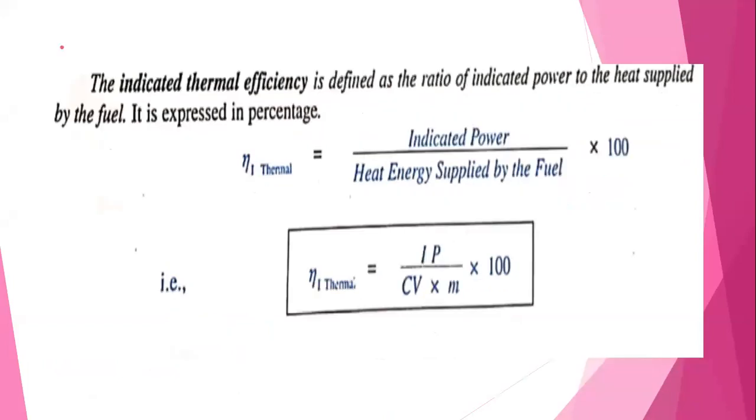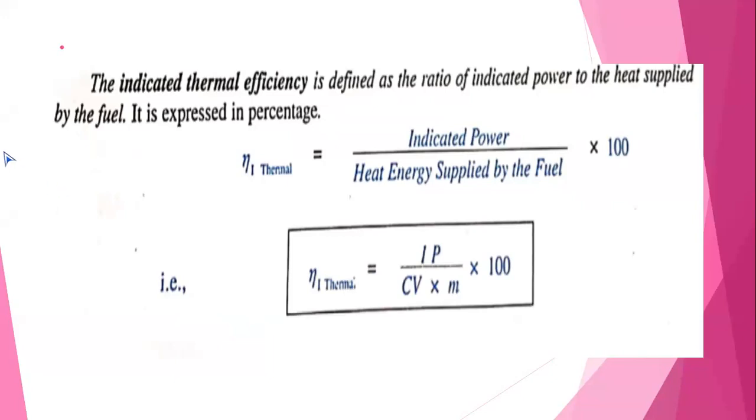Next, in almost all the problems you have to calculate the indicated thermal efficiency. Remember, the indicated thermal efficiency, that is eta I thermal, equals indicated power divided by heat energy supplied by the fuel. Say the heat energy from burning 1 unit of fuel, how much energy is supplied to the engine.